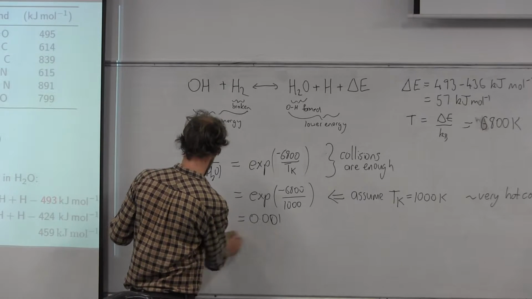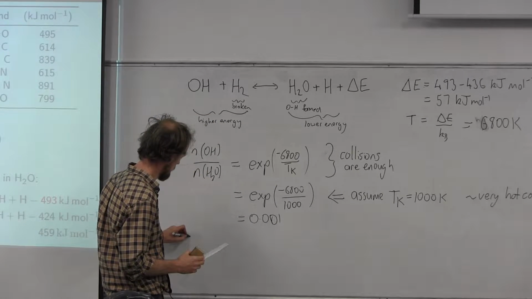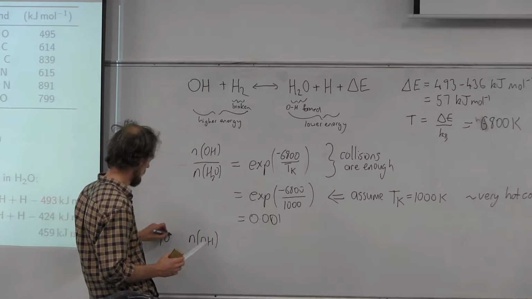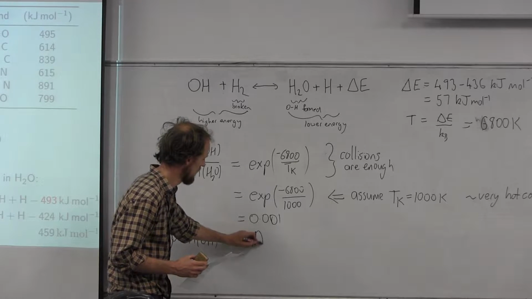Take it back. For every 1,000 H2Os, OHs, you have 1 H2O.